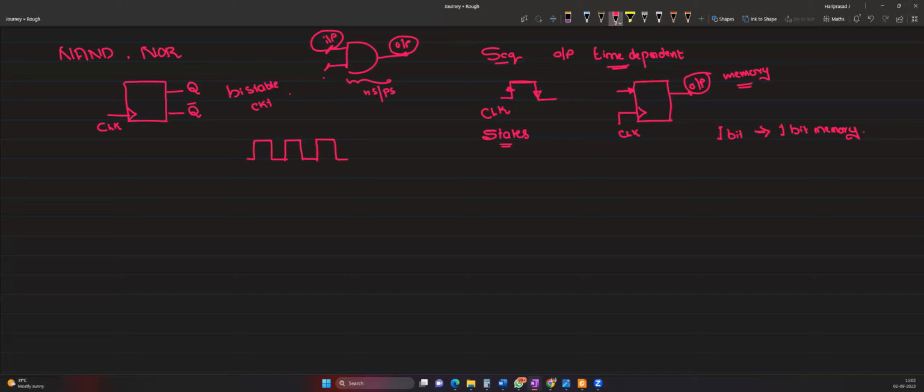Crystal is again an oscillator. In digital electronics, you frequently come across terms like positive edge. A variation from low to high we call the positive edge, and a high to low transition we call the negative edge.